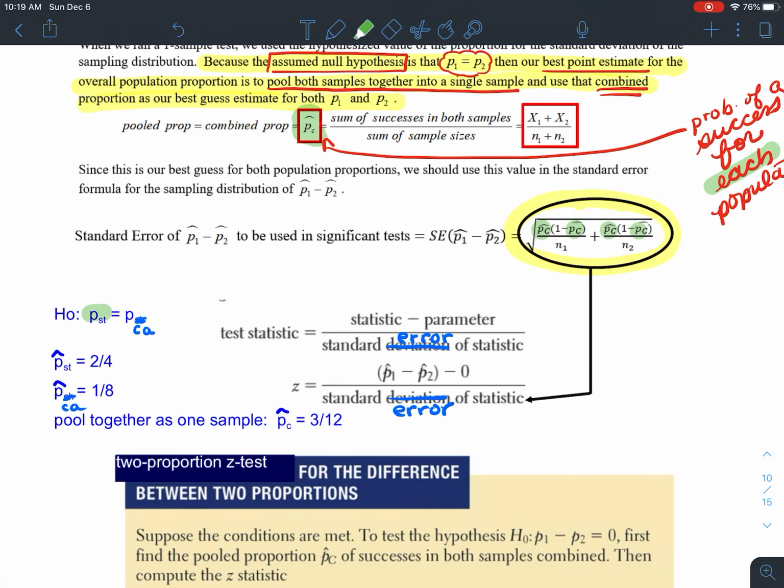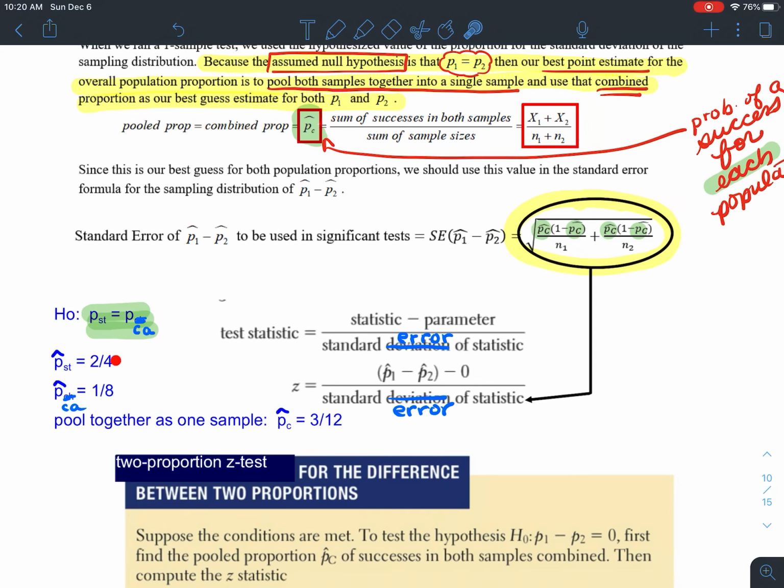Now you can see we're getting different sample proportions, but our null hypothesis is assuming that the true proportion of students who get 5s, whether they're in AP Stats or AP Calculus, is actually the same. So when we go to calculate our test statistic, for our standard error here, we want to use a combined proportion.